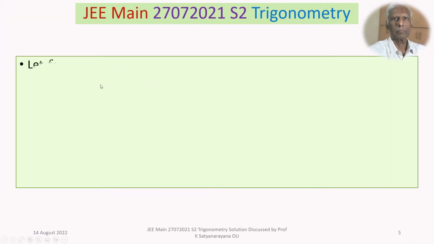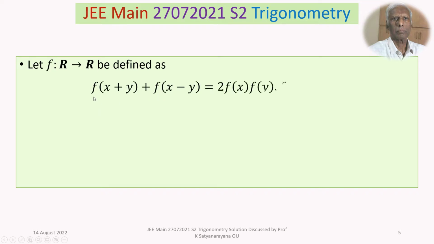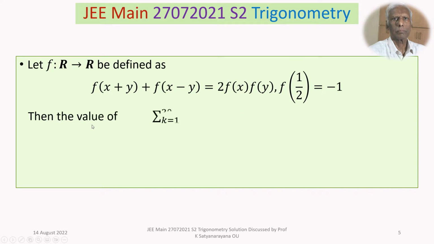The problem is: let f be a function from the set of real numbers to the set of real numbers. It is defined as f of x plus y plus f of x minus y is equal to 2 times f of x into f of y, and f of 1 by 2 is equal to minus 1.